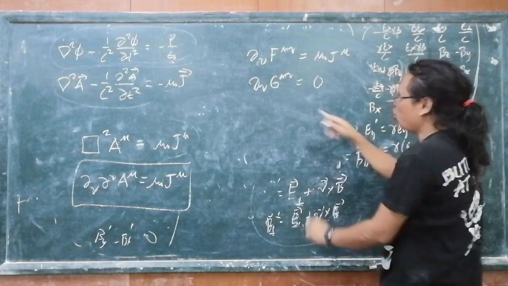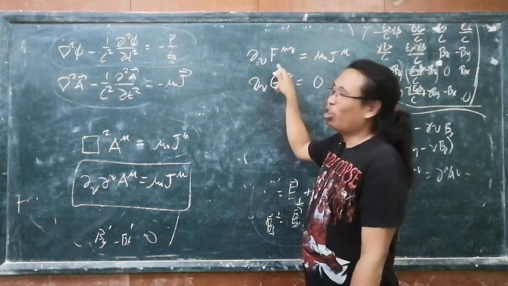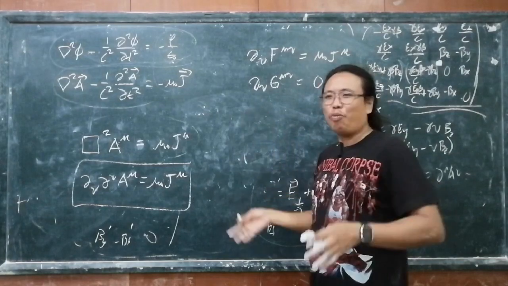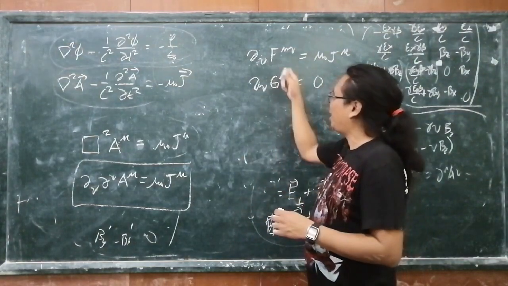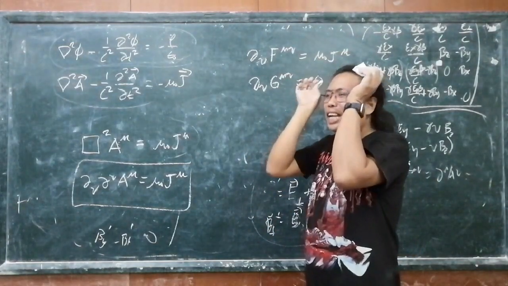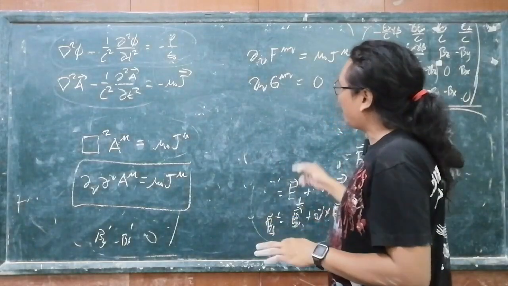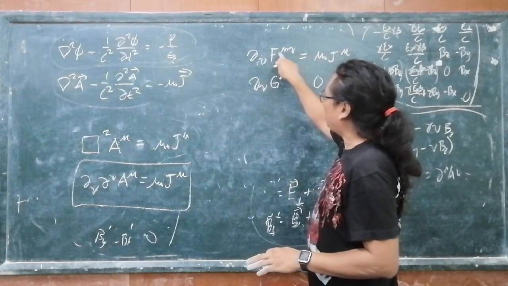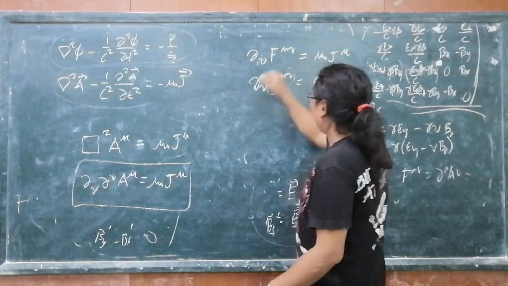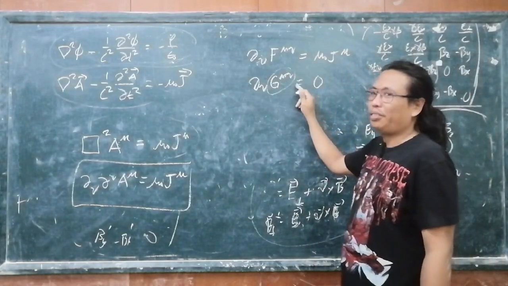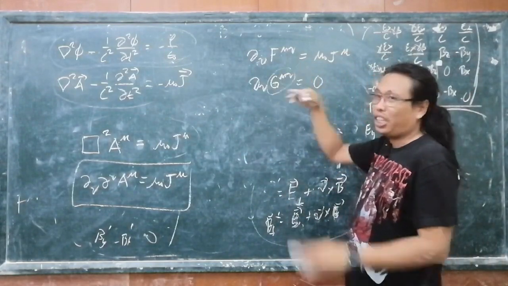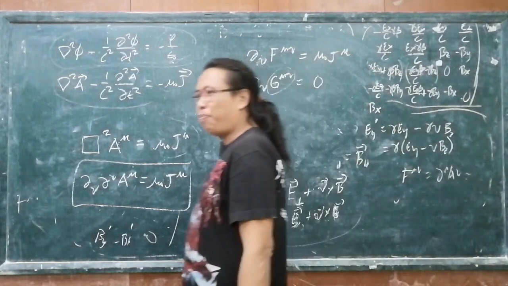Now, what is G mu nu? This is the dual tensor. Do not think of it as the dual space. It's called dual because you can arrive at this by changing this. The dual tensor can be achieved by just exchanging the E and the B there.